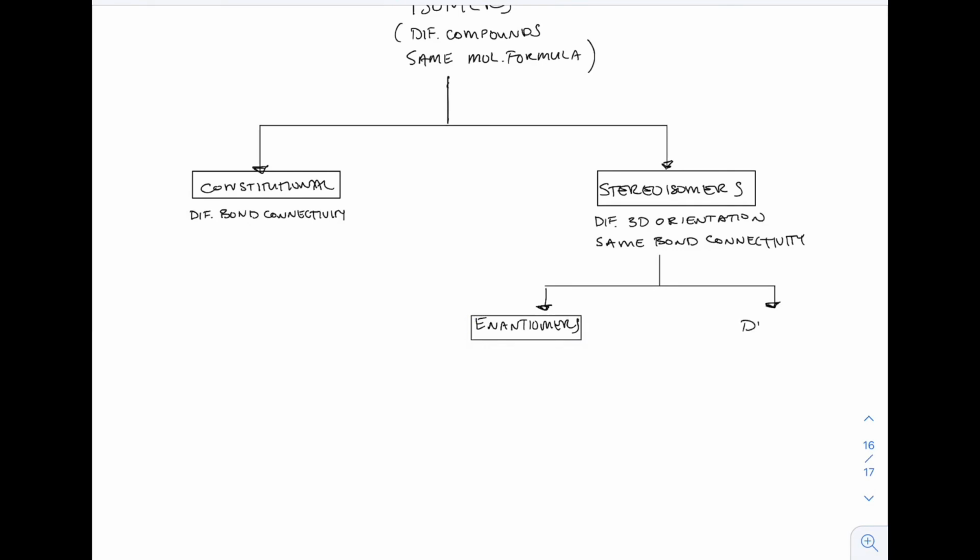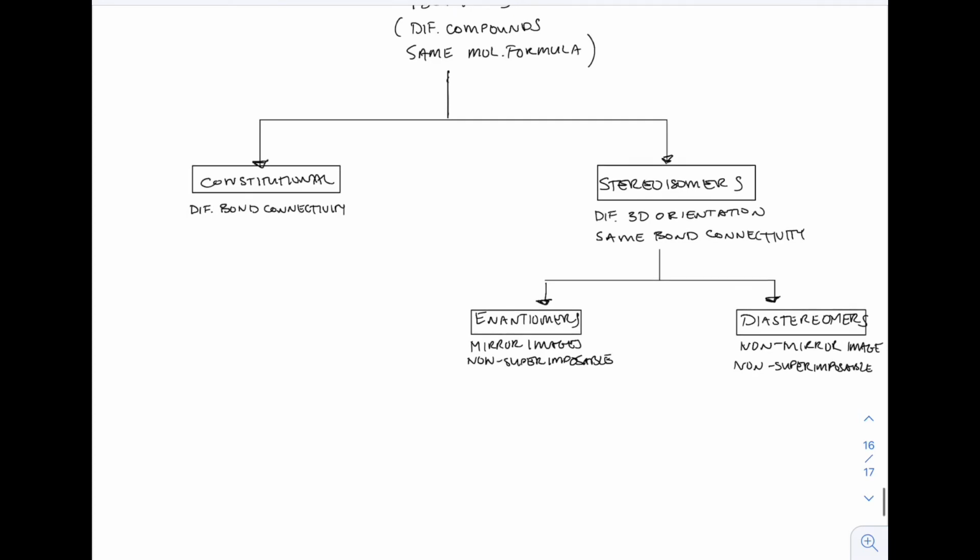So we can go to the left and make some enantiomers, and we can go to the right and make some diastereomers. Okay. Now remember, enantiomers are mirror images, but they are non-superimposable. So non-superimposable mirror images of one another. While diastereomers are non-superimposable non-mirror images.